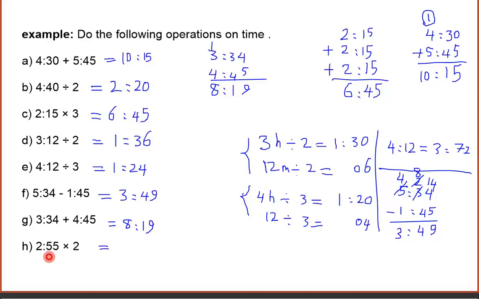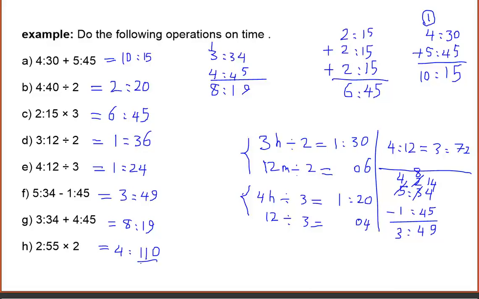Okay, here is another example. 2 times 2 hours and 55 minutes. Okay, 2 times 2 is 4 hours. And 2 times 55 minutes is 110 minutes. But 110 minutes is an inappropriate way of writing.